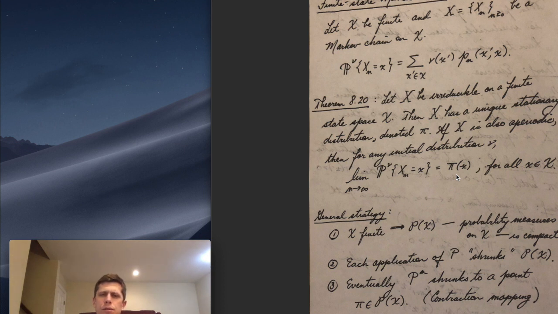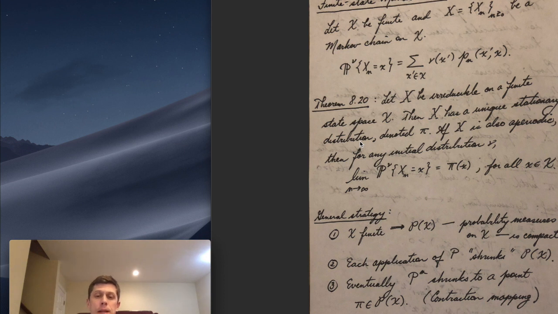It's important to, at least before we discuss and try to prove this, ask what's the difference between these two statements? So saying that X has a unique stationary distribution denoted by pi is just saying that there's some vector or some distribution pi that is invariant under the action of the transition matrix.